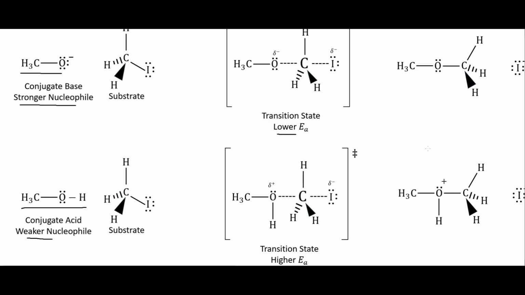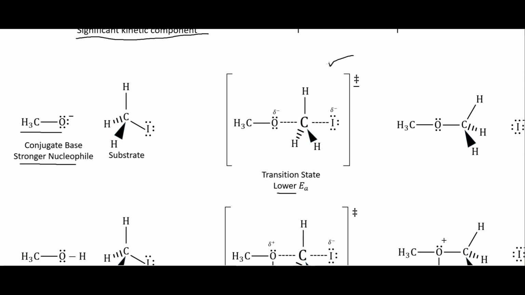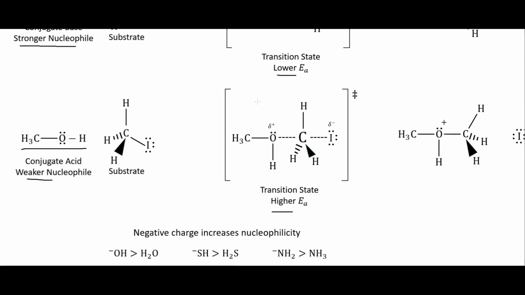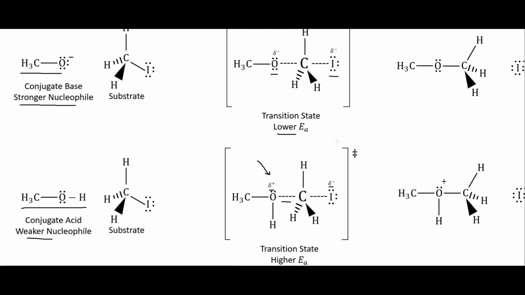The reason for that is that up here we have this negative charge, and the partial negative is shared across this entire thing, whereas over here we have a positive charge. In fact, this would be partial positive because it's only a partial bond, and this is the partial negative. Having those two partial charges is going to be less favorable than sharing this negative charge through all of this.